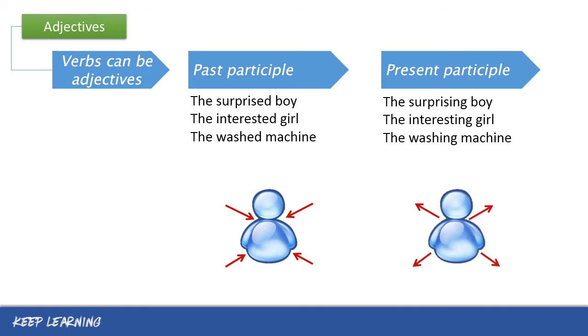So here is the picture that is going to help you. This is when this object affects other objects. In the past participle, the object is affected by the characteristic, but in the present participle, the object uses the characteristic to affect others. So I hope this is a good way you can understand.